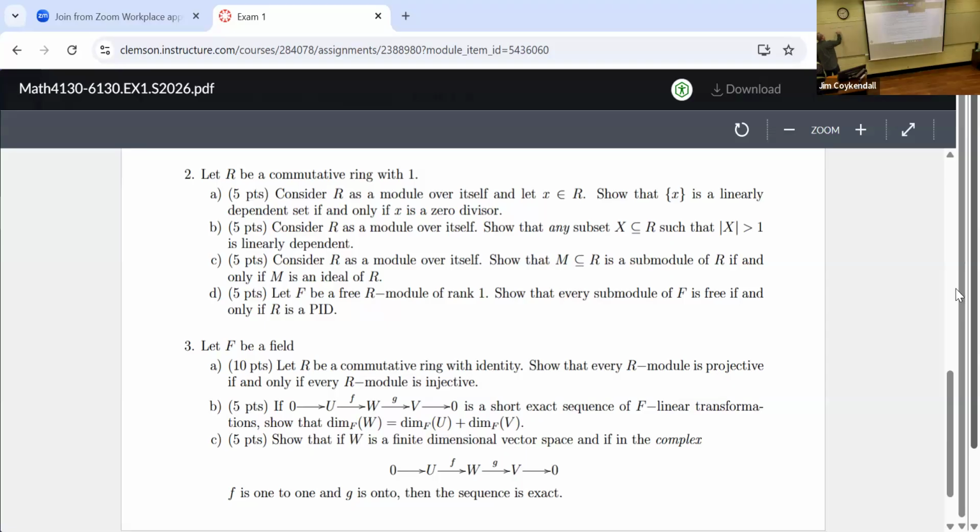Let I be any R module, and consider the short exact sequence 0, I, B, C, 0. Any exact sequence you like with I leading.